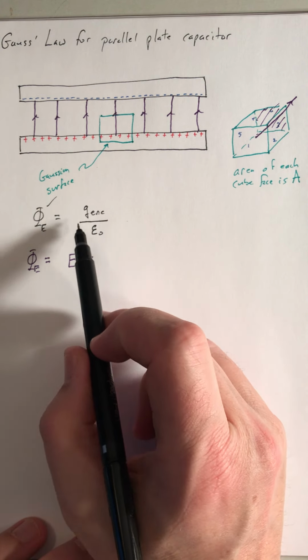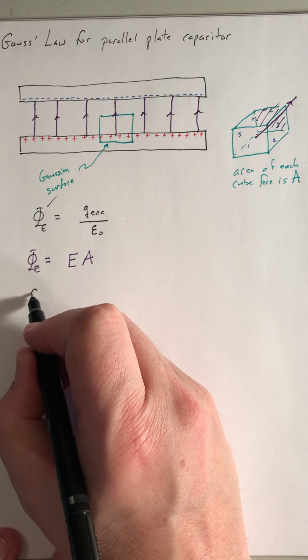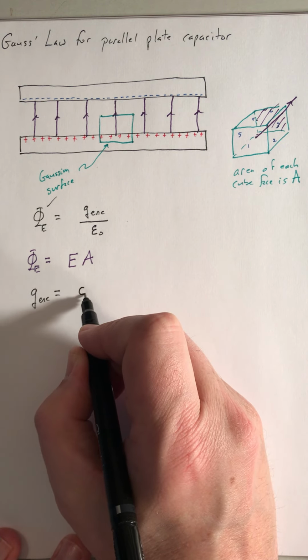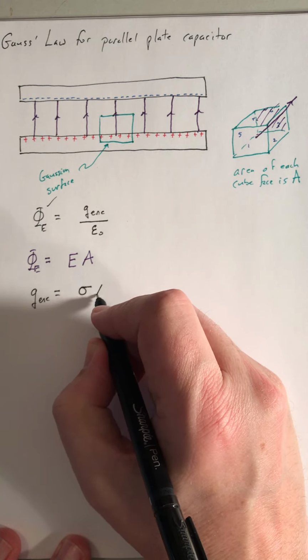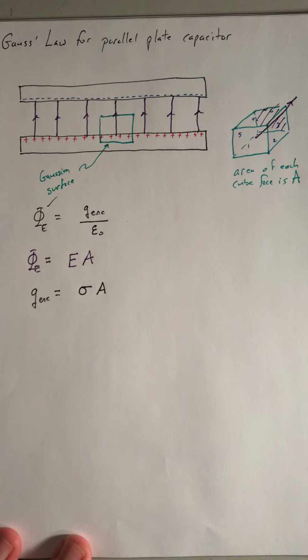We also need to calculate how much charge is enclosed. So the charge enclosed is going to be the surface charge density for the capacitor times the area of one face of our cube.